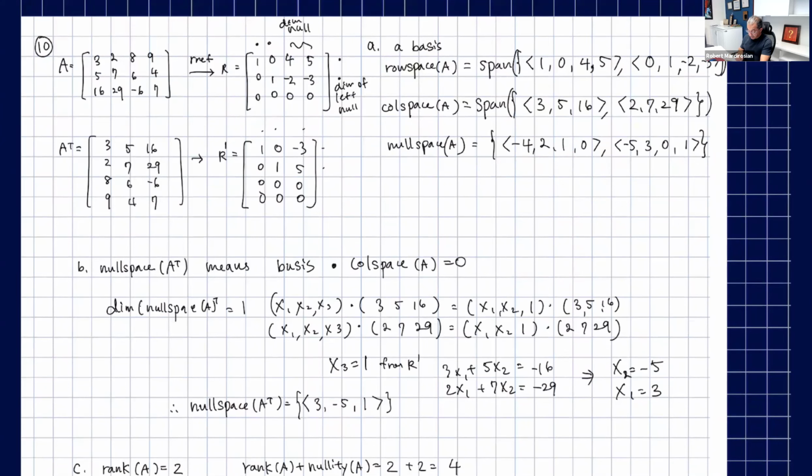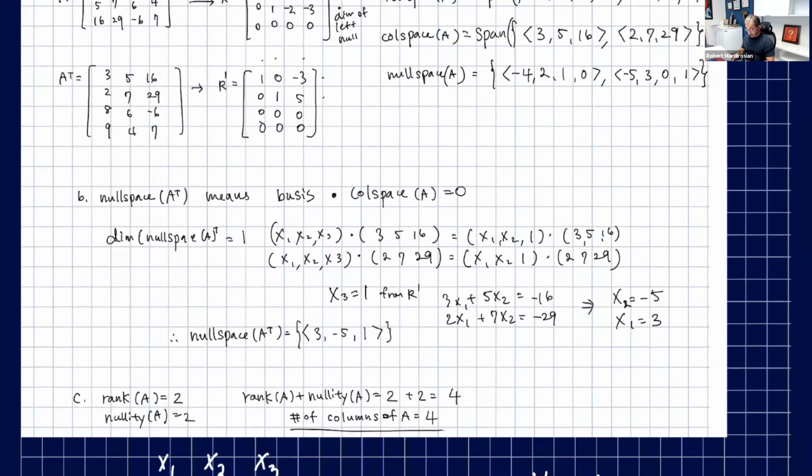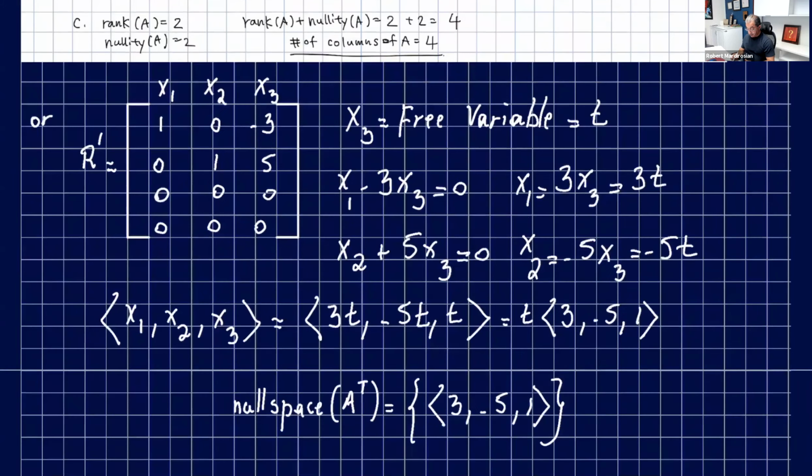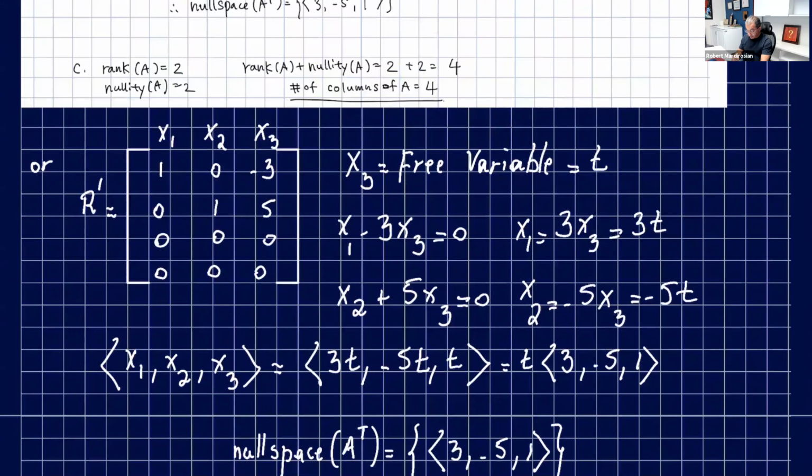Now, the null space for the transpose is pretty straightforward. You can do the dot product with the column space of A, and you should get 0. Or simply, as I did here, this is the RREF of the transpose. You write that and put x1, x2, x3. We know x3 is going to be a free variable, so you can call it t. x1 can be written as x1 minus 3x3 equals 0.